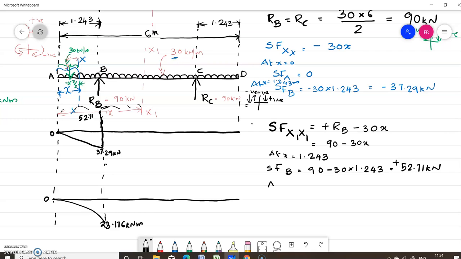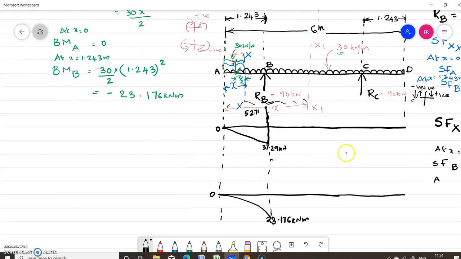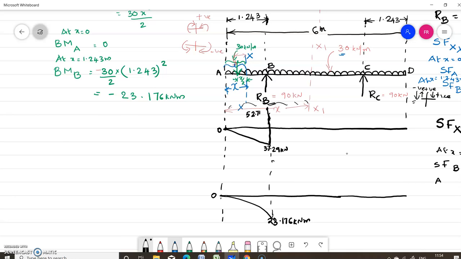Now we can find out what is the bending moment at this point? Is there any change for bending moment at this point? What is the equation for bending moment at this section? That is at x1. What is the bending moment? Bending moment at x1 is equal to, this distance is 1.243. So we can write the remaining distance, this much, is equal to x minus 1.243.